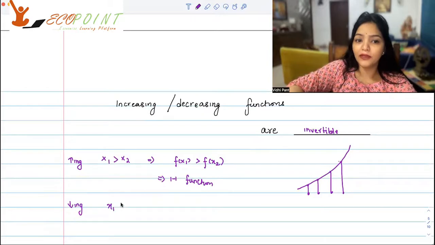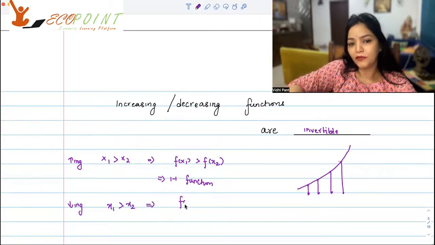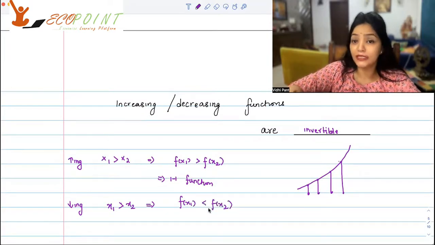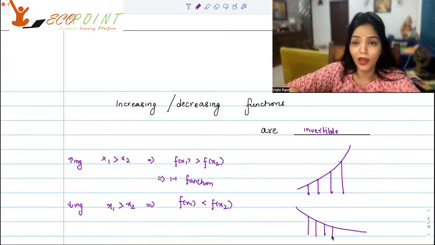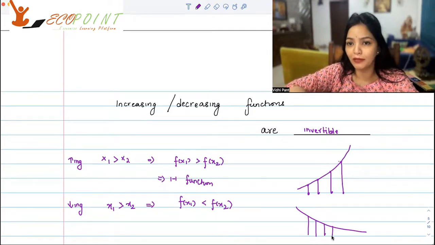So if x1 is greater than x2, then that would imply that f of x1 is lesser than f of x2, and that's what is a decreasing function. So it goes something like this. But here also, distinct inputs will provide you distinct outputs, and that's why you will be able to get an inverse, because you know that there is a one-to-one mapping.